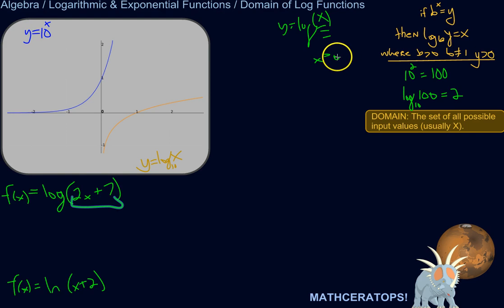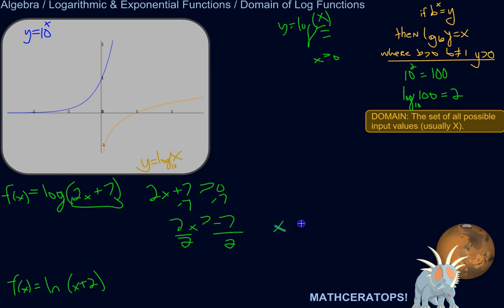All of this has to be greater than 0 in order for it to work. So 2x plus 7 is greater than 0, and under these conditions, this log will be valid. We just solve this inequality: 2x is greater than negative 7, and divide by 2.